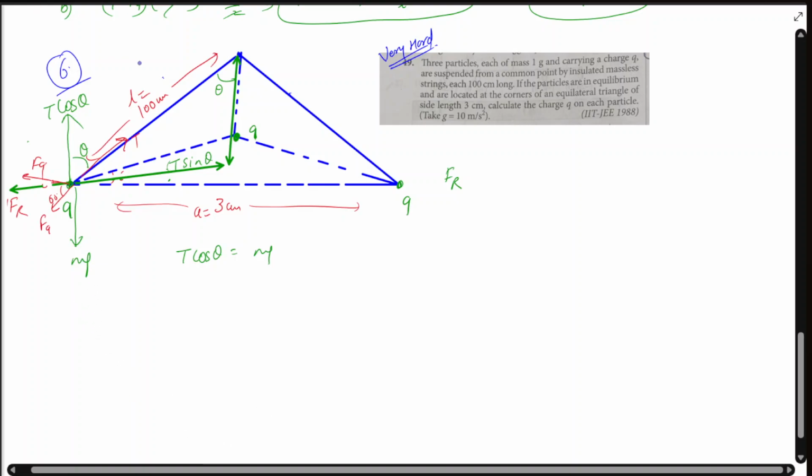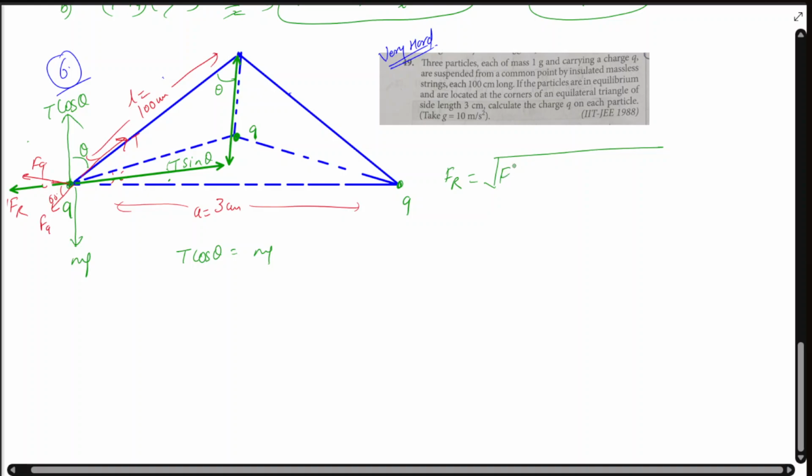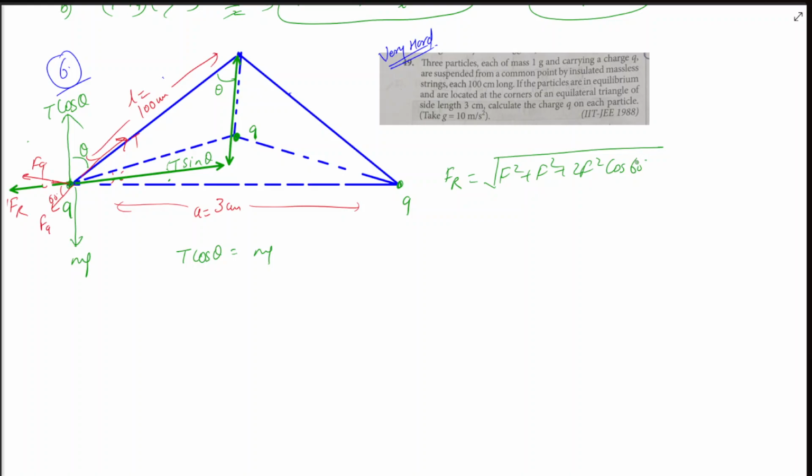Let's first find Fr. Fr will be root of F square plus F square plus 2F square cos 60. What will it be? Root of 3F square, so Fr will be F root 3. Now T sin theta will be balancing this Fr, so T sin theta equals F root 3.